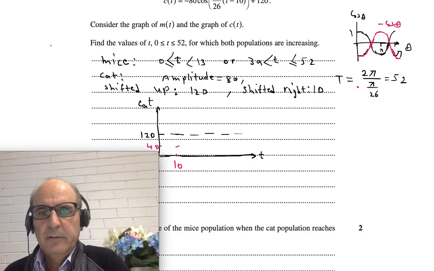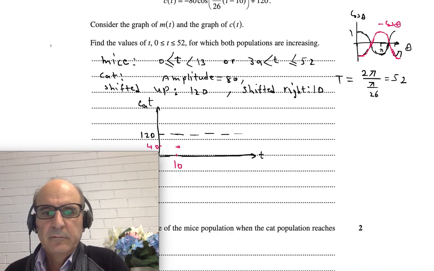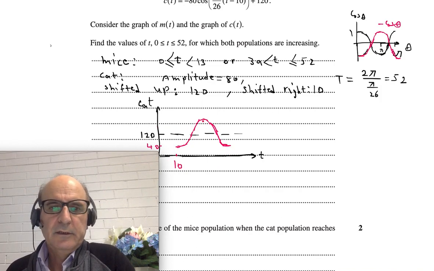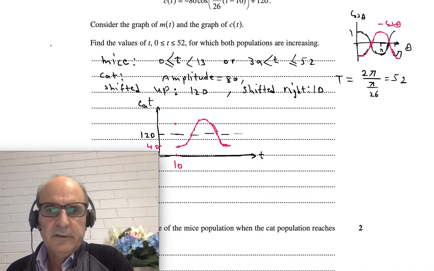And my period is 52. So in one period I should have all my values and back to 40. So this will be 120 plus 80, which is 200, my maximum value.